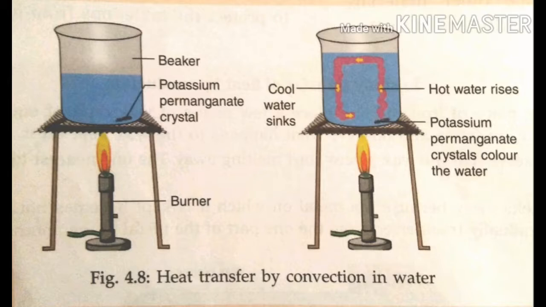What will happen? The purple streaks of water rise upward and move outward. This shows the path followed by water when it is heated. The hot water rises up and cold water sinks down.